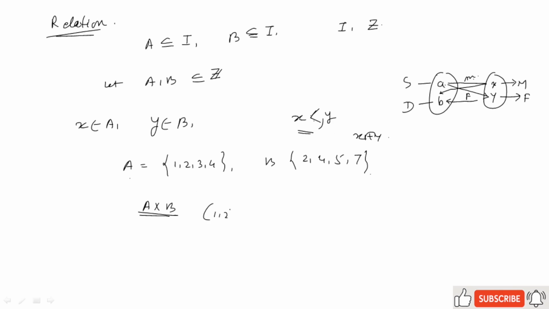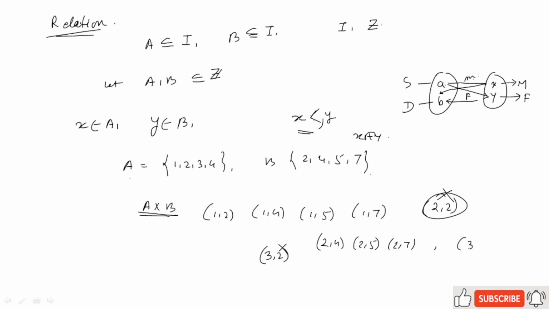We can take (1, 2), (1, 4), (1, 5), (1, 7), but we can't get (2, 2) because 2 is not less than 2, it is equal. So this element does not come here. Similarly (3, 2) also does not come because 3 is greater than 2. We need only less than. So we can write (2, 4), (2, 5), (2, 7). Similarly (3, 4), (3, 5), (3, 7).